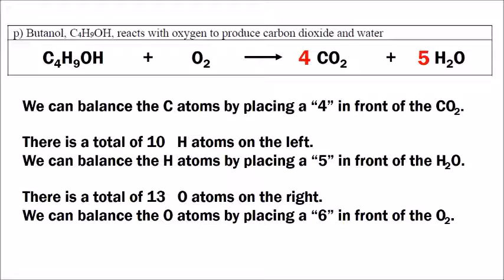We already have a single oxygen atom on the left, which is part of the butanol formula. So we need a total of 13. If we place a 6 in front of the O2, 12 plus 1 is 13. So now the equation is balanced, and the coefficients from left to right are 1, 6, 4, and 5.